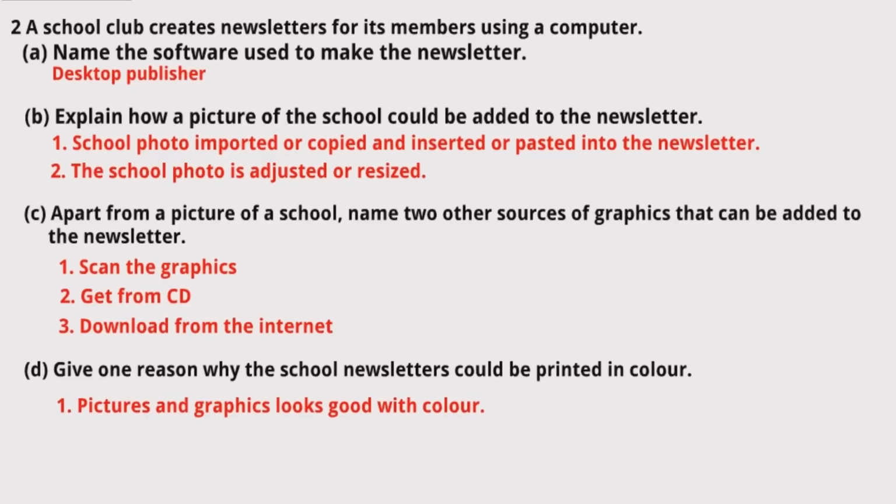We can also write that for the graphs and school pictures to be seen properly, for clarity's sake, so that people are not confused, you can use color so that there is clarity. So basically those are the two reasons. You can write one of those and you get a mark for each reason you give.